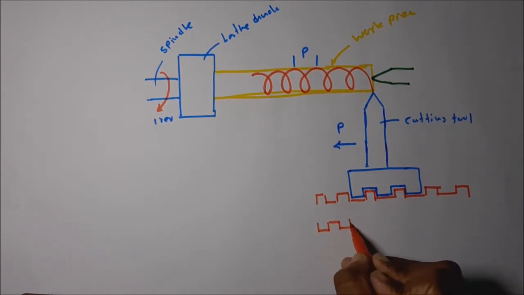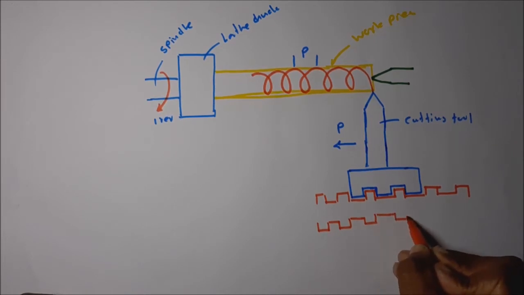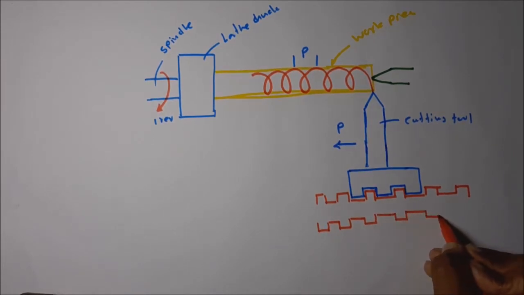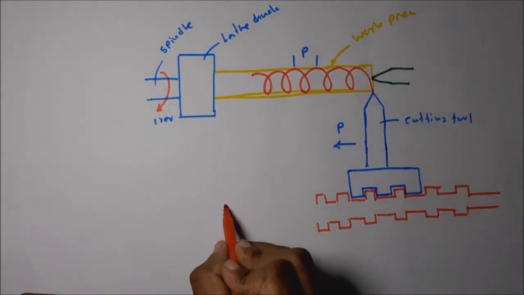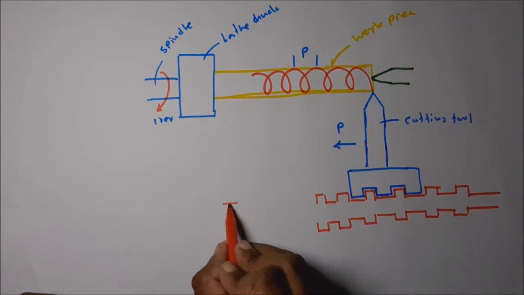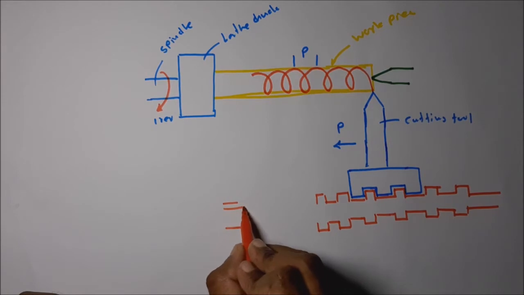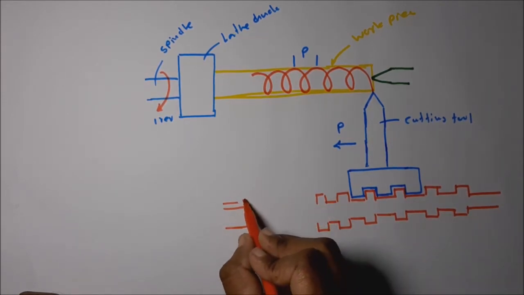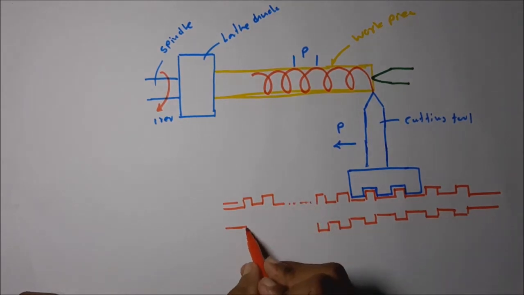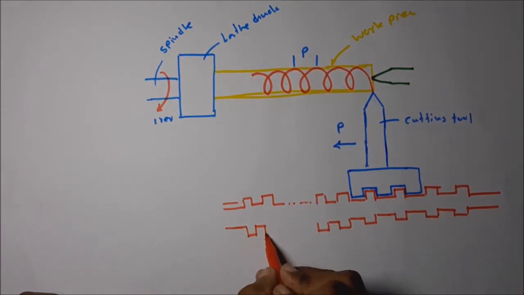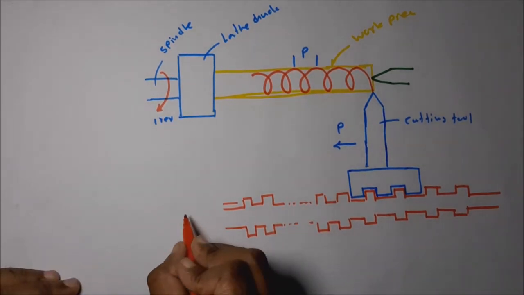This is the illustrative diagram. The lead screw has a square thread profile. Okay, this is the lead screw.